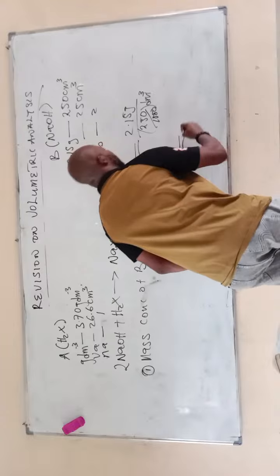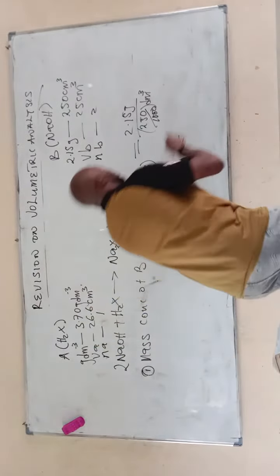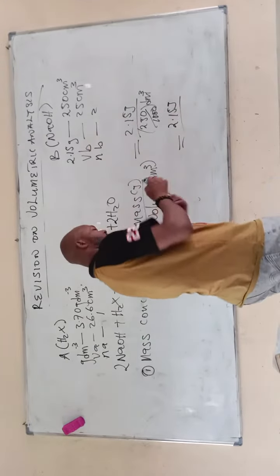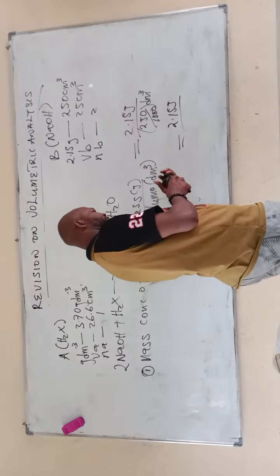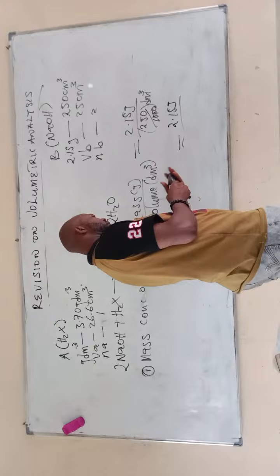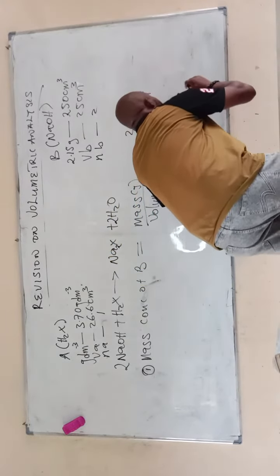This equals 2.15 gram over 250 divided by 1000, which is 0.25 dm3.